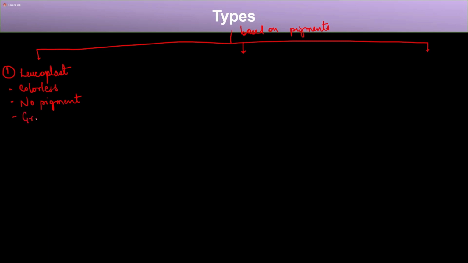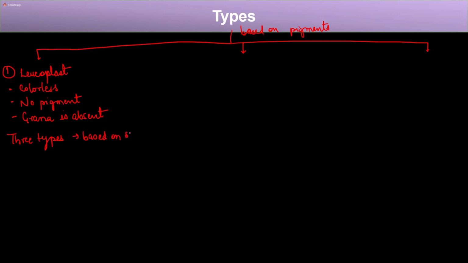Apart from this, they do not have grana. Grana is a special structure that we will see in the next slide. But for now, just remember that grana is absent in leucoplast. Now, the leucoplasts are further of three types, based on what they are storing.